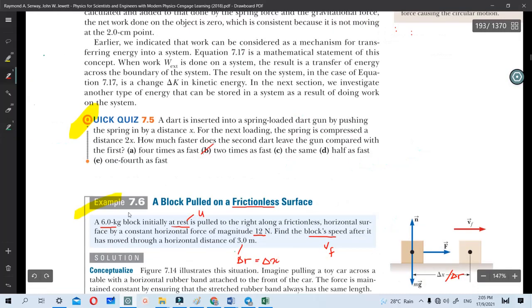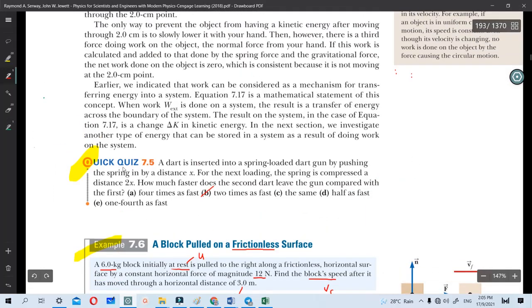Now from example 7.6, I would like us to go a bit backward, to quick quiz 7.5. In this quick quiz, we need to use this expression belonging to a spring, where the work external by the force applied to a spring is equivalent to half k x final squared minus, or perhaps we can factorize, x initial squared.